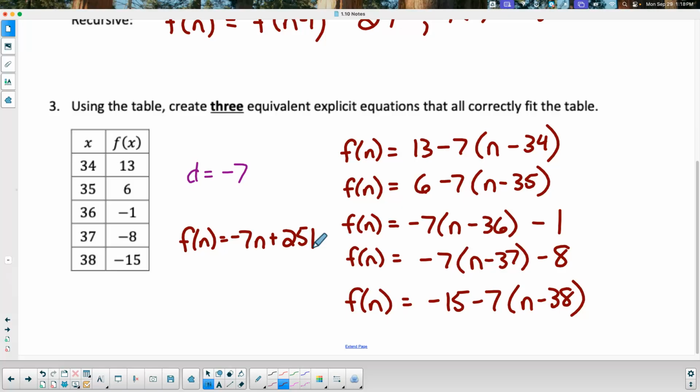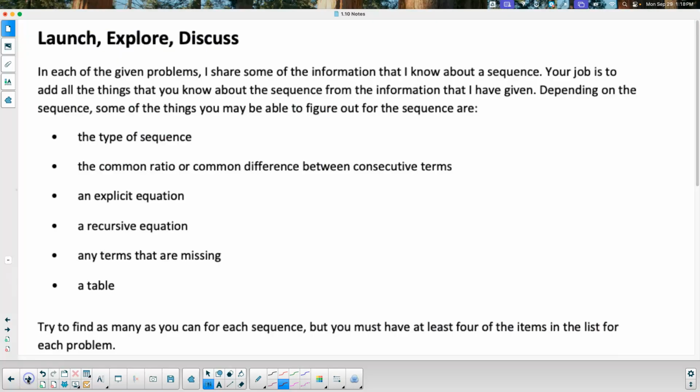We're going to play that game, What Do You Know, a lot today. Because here's the deal. We're going to give you one of these 6 things in a situation, and then you're going to have to find the other 5.